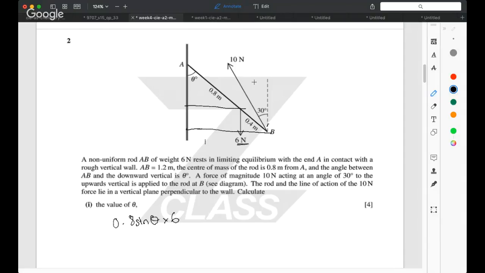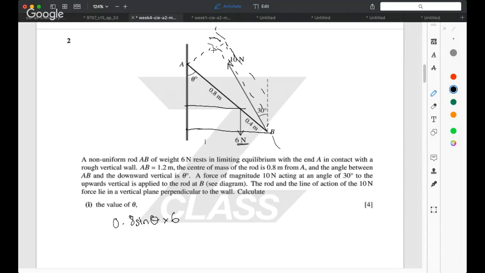Okay, so normally the way we find the distance is that you extend this line, and then find the perpendicular distance between point A and this line. What is the perpendicular for that line?